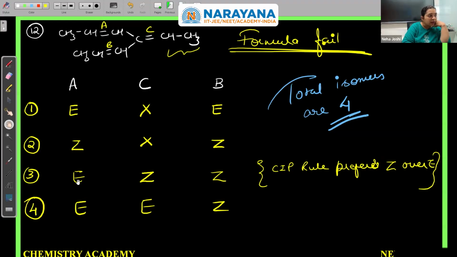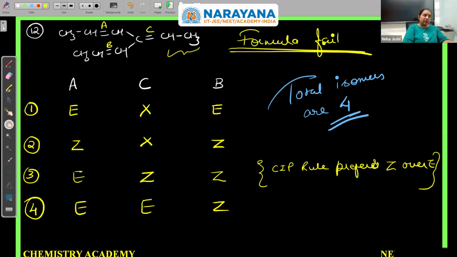So when one of them, like A, is E and B is Z, then C could be either Z or E. But when you assign priority between A and B, then you have to prefer the group which is in Z configuration over the E configuration. That is why I wrote here that when you have to give their names, you have to compare A and B's EZ. The one in the Z configuration will be preferred over the one in the E configuration for assigning EZ to bond C.